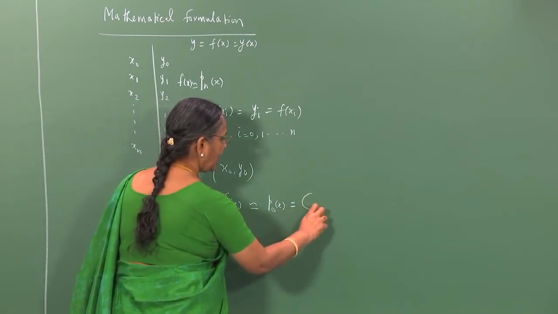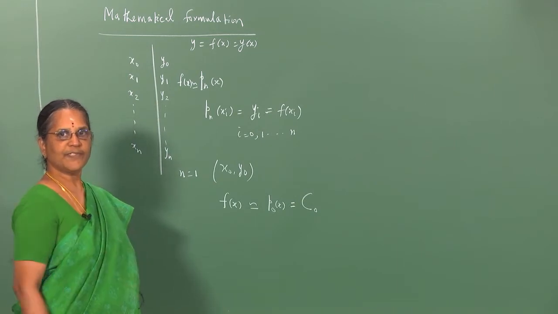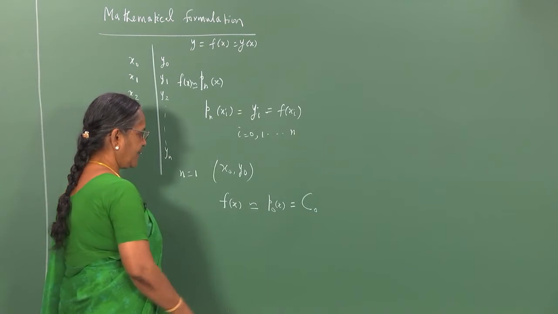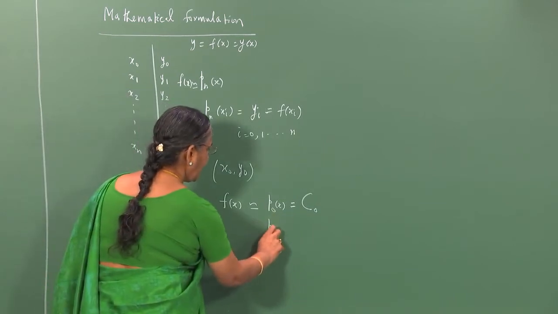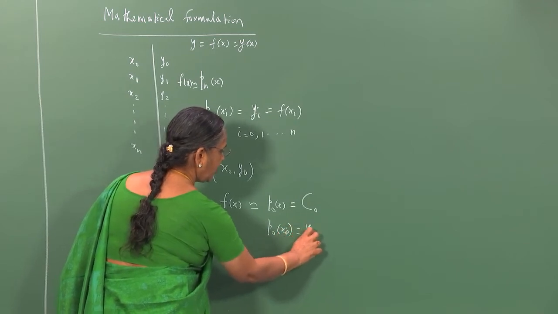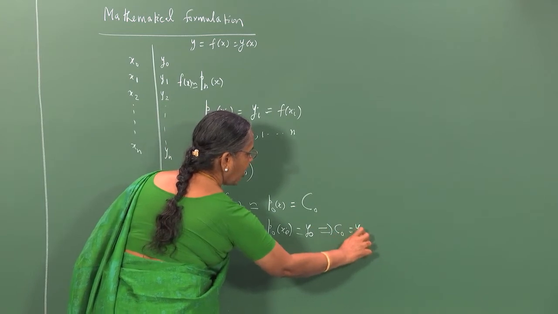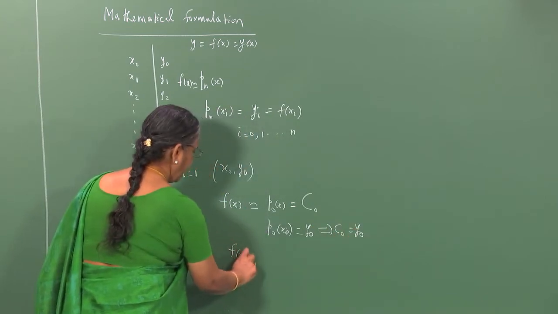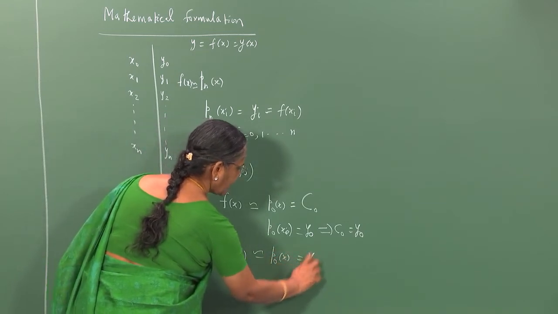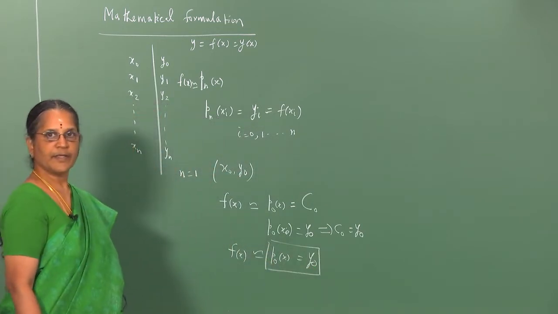Say suppose I call that constant as say c0. What should be the value of c0 so that the polynomial satisfies the given condition? So, I want p0 at x0 to be equal to y0. This immediately tells me that my c0 is y0. So, my constant polynomial that approximates this function is p0 of x is equal to y0.